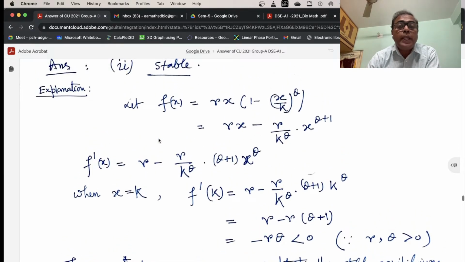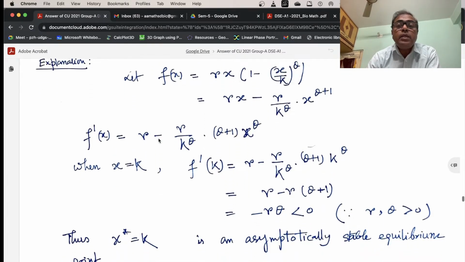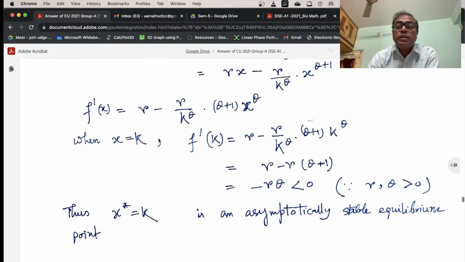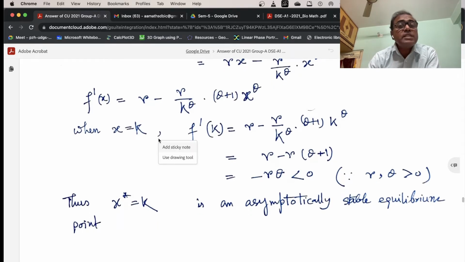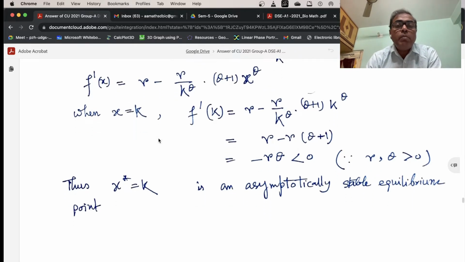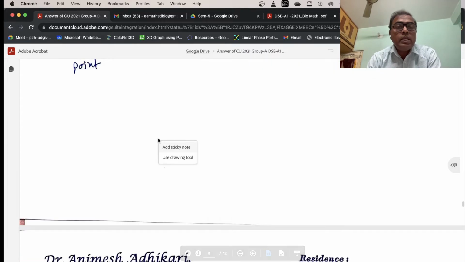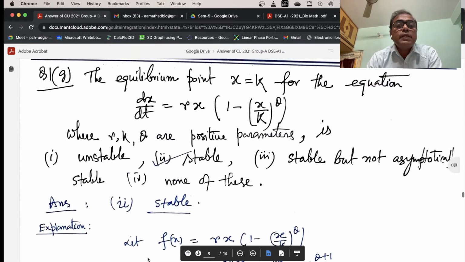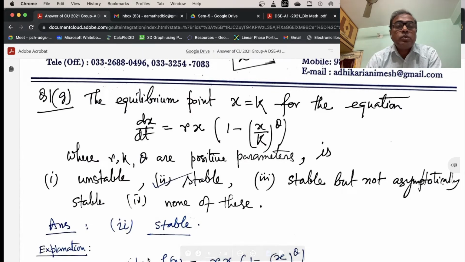When x = k, f'(k) equals minus rθ, and r and θ are both positive, so minus rθ is negative, so f'(k) is negative. So x* = k is an asymptotically stable equilibrium point. So the answer is option 2, stable equilibrium point.